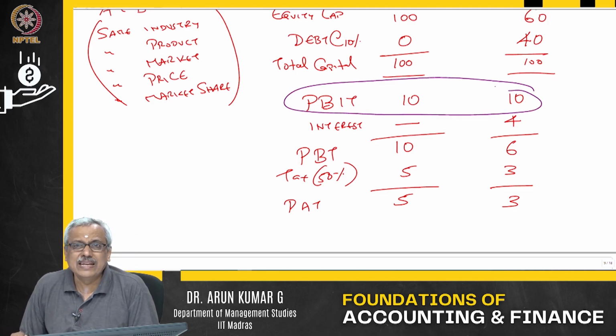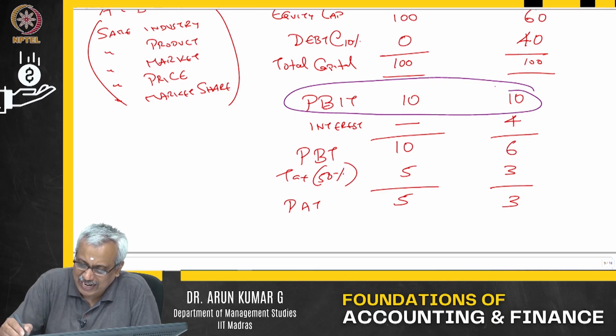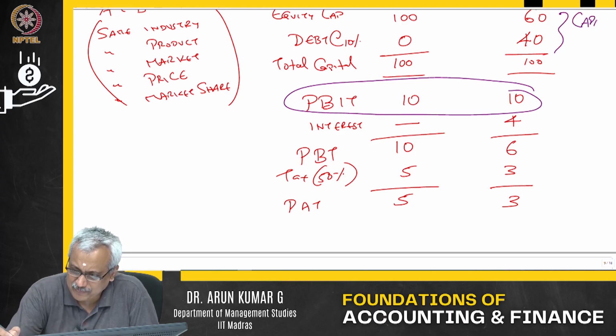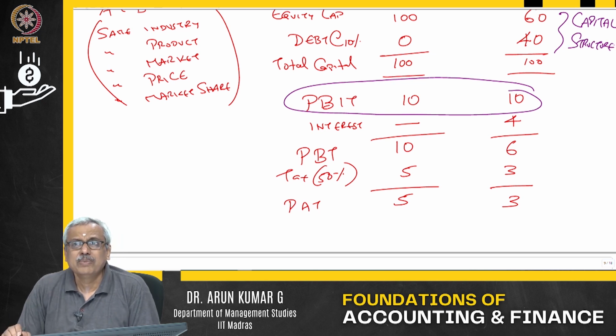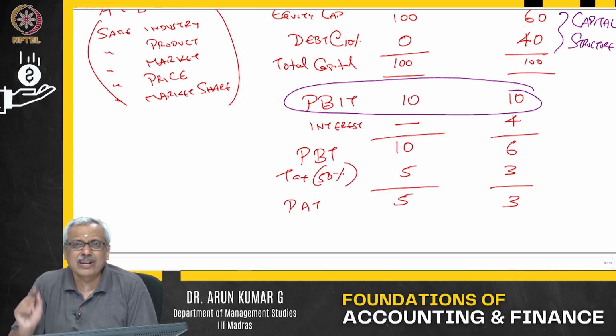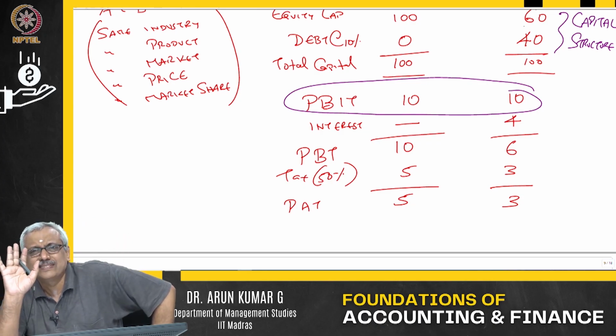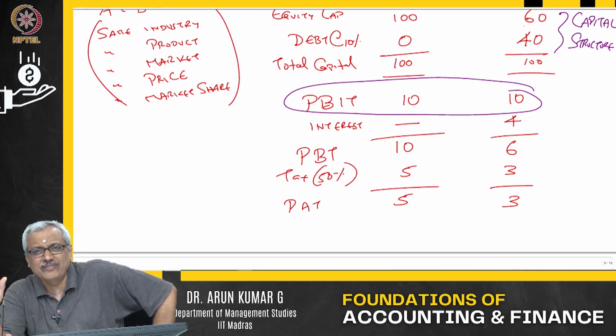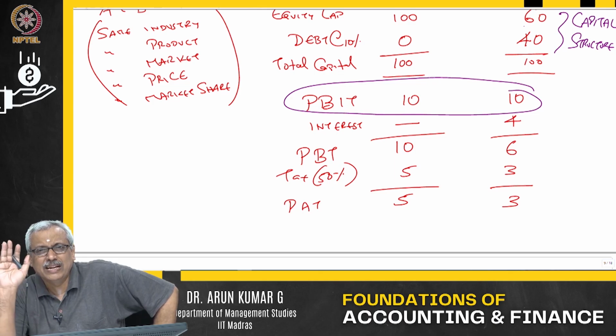You feel one is better than the other because of the advantage of their capital structure, that is, they have divided the capital, not because of their ability to manufacture a better product, or ability to sell better, or ability to earn a better margin.